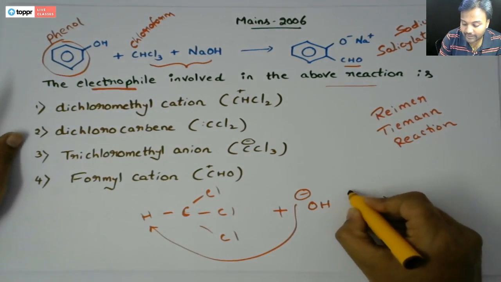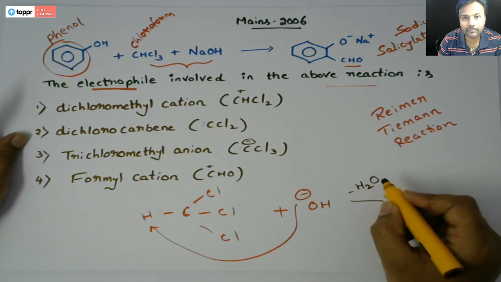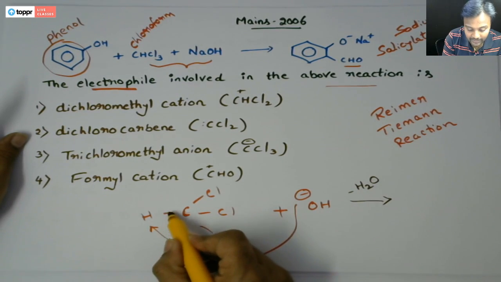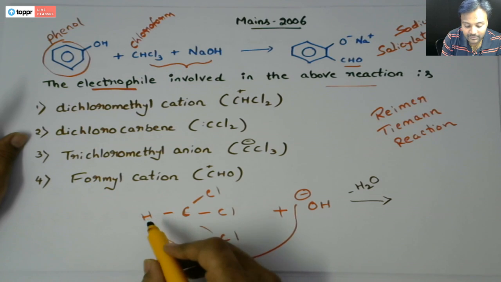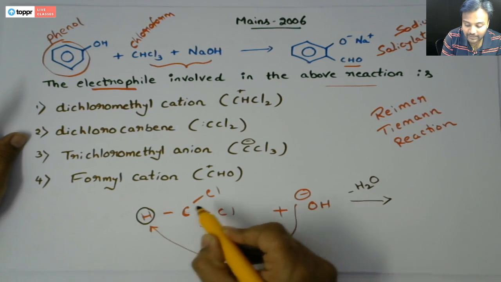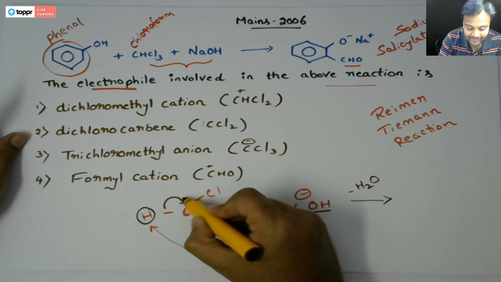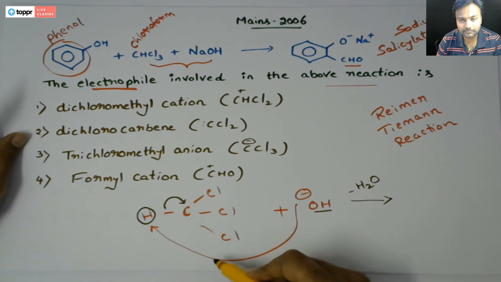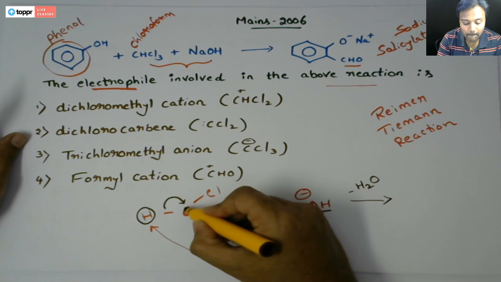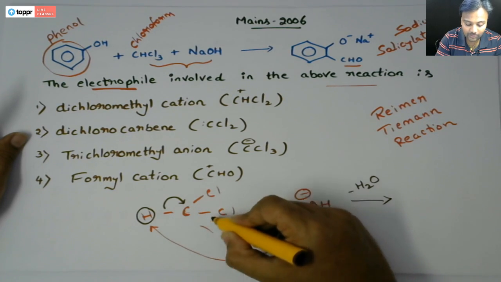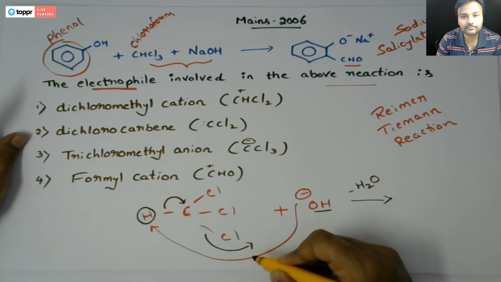It is eliminated as water. But you can see the electrons attached to the carbon. This is the hydrogen that is eliminated with the help of the hydroxide. These electrons will delocalize, right? So in order to compensate the electrons, one of the chlorines gets eliminated.